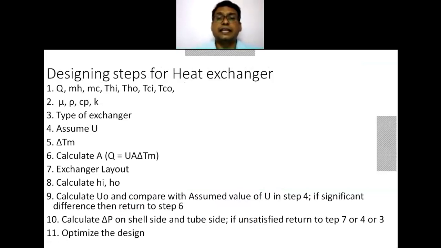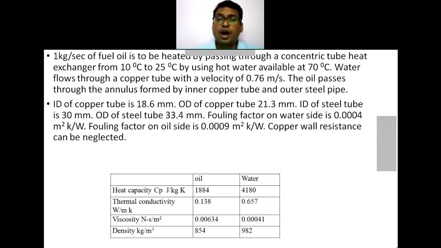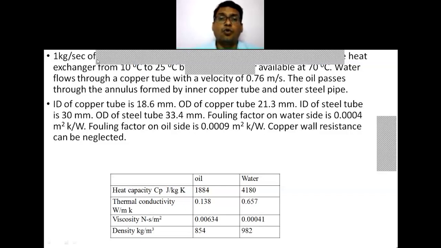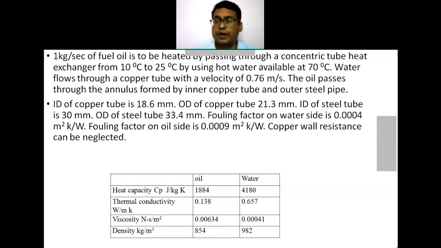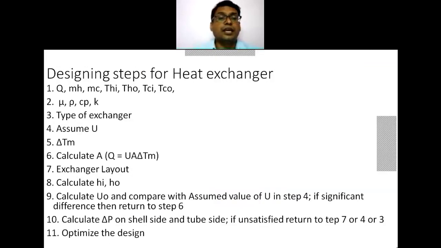Now coming to the design steps for the shell and tube heat exchanger. We first consider the heat load by considering the mass flow rates of the hot fluid and cold fluid and the inlet and outlet temperatures for the hot fluid and cold fluid, out of which the temperatures are already provided, the velocity and flow rate are already provided. Then the physical properties, that is viscosity, density, Cp and thermal conductivity, are provided.